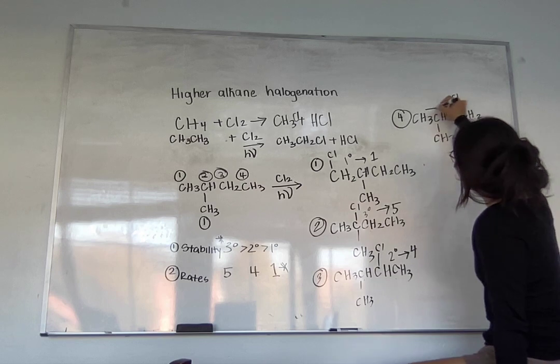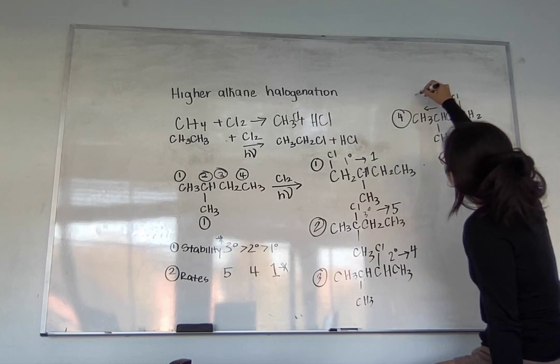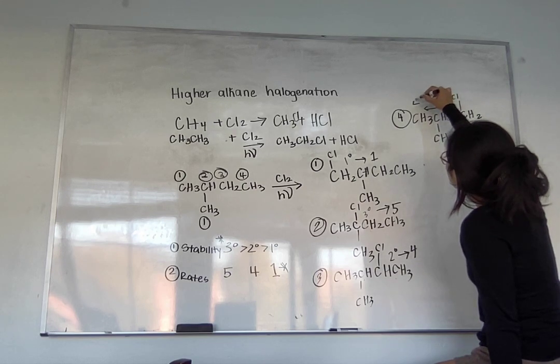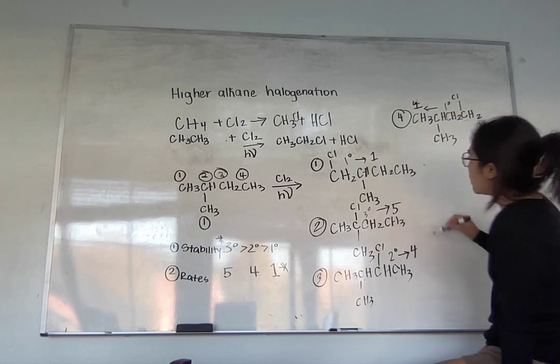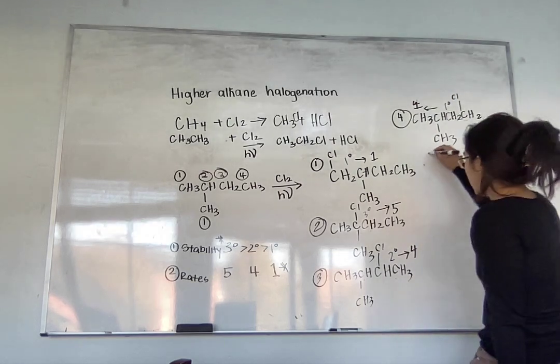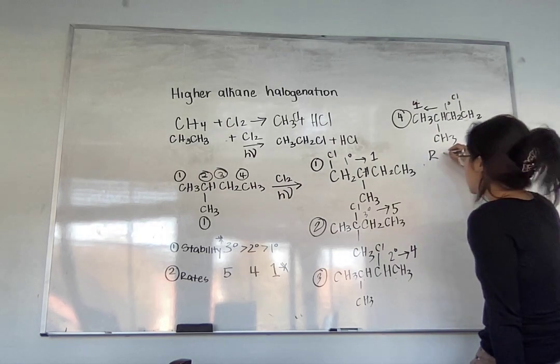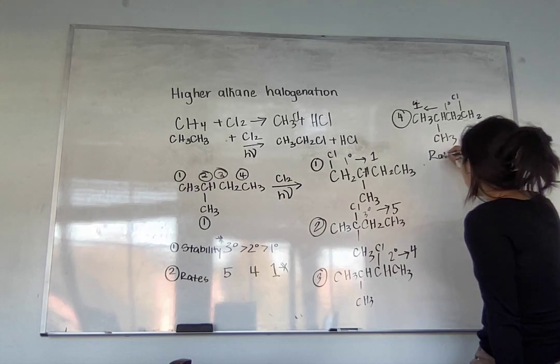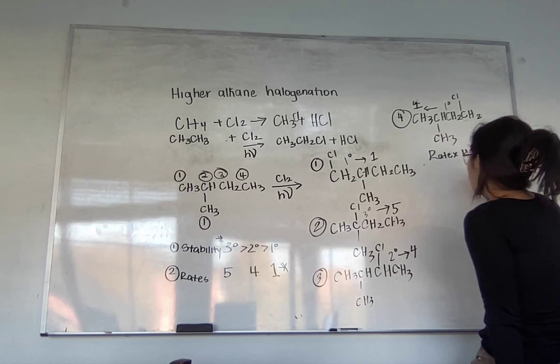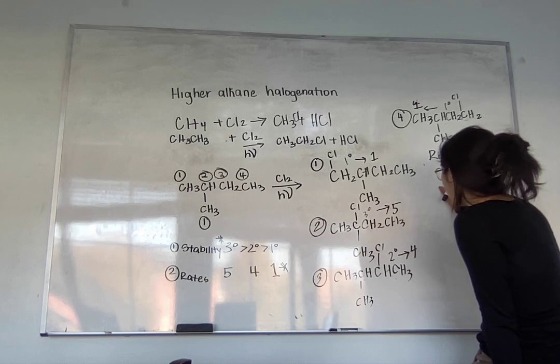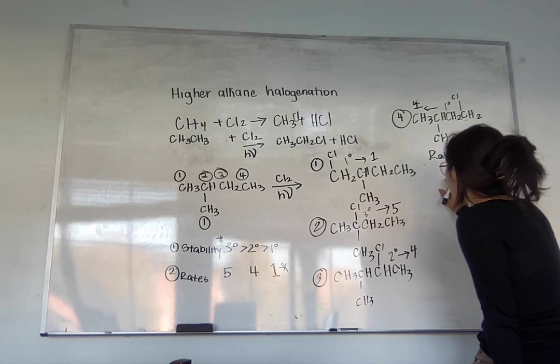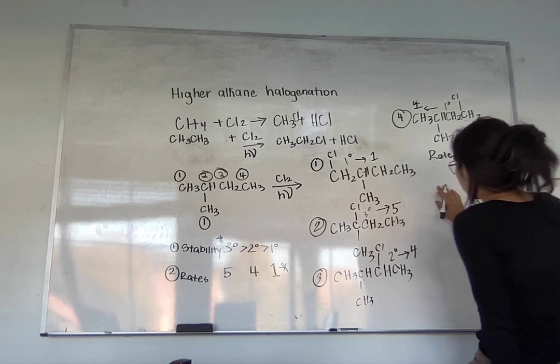And going back to my primary, it has a rate of 1. So now we need to do our calculations. The formula for our calculation is rate times the number of hydrogens, which is going to give us part of a fraction.